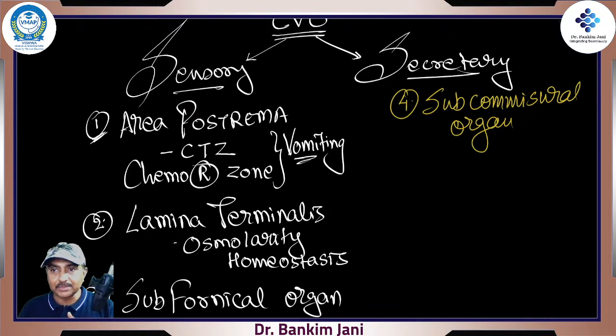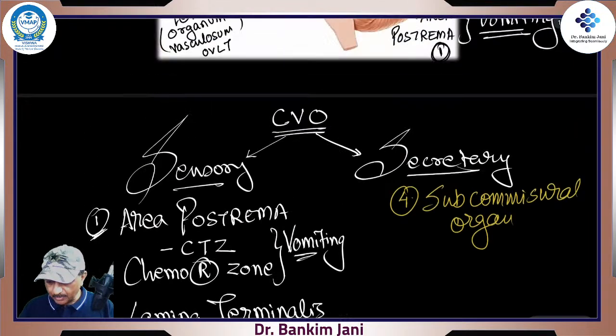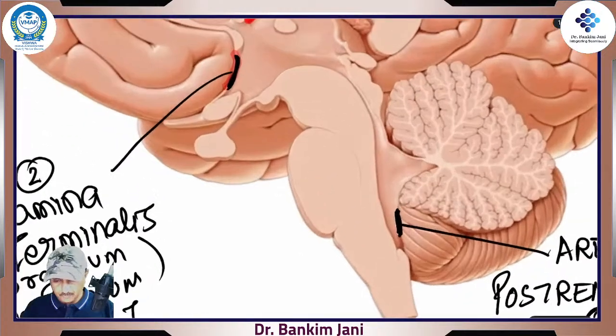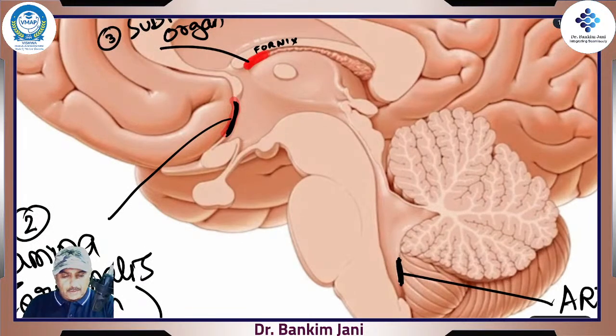So where is that subcommissural organ? Let's pick it up over here. See? Anterior commissure, posterior commissure, and this is subcommissural, here. This one.